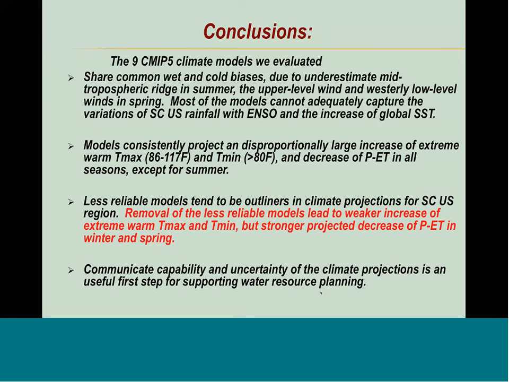Removal of these less reliable models tends to give you a weaker increase of extreme warmer surface temperature, but a stronger projected drying in winter and the spring. And finally, I think communicating these models' weakness and capability is important for supporting water resource planning.